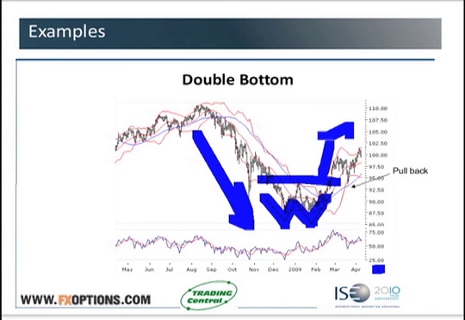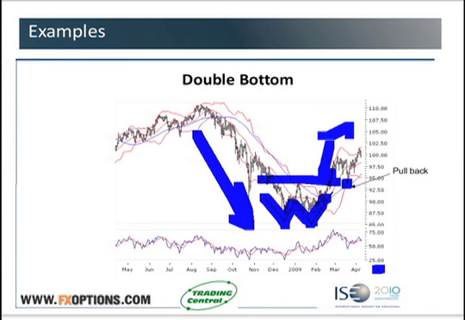And either you can buy when the neckline is broken up at this stage, or you can wait for a pullback, in this case on the new support. So the neckline in the case of a double bottom is a resistance.